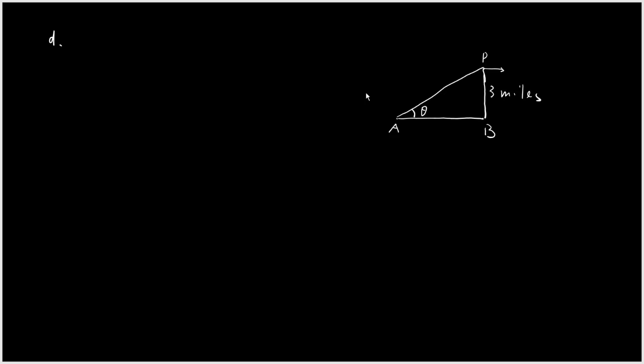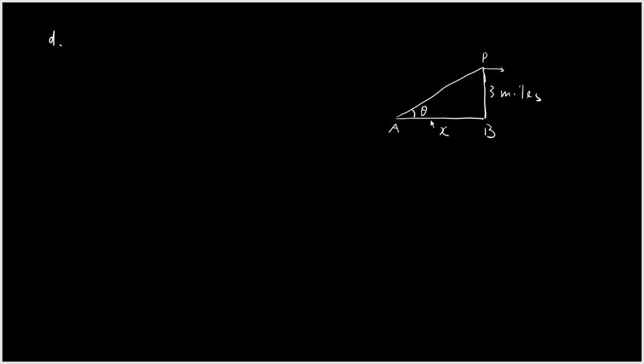And AB, we use x to denote AB. Now angle theta is the angle of elevation. We can see tan of theta is the opposite over adjacent. This will give you your equation between the angle and x, theta and x.